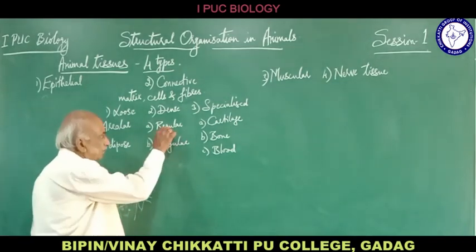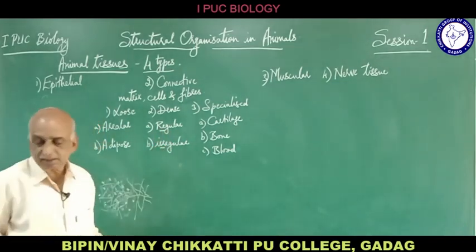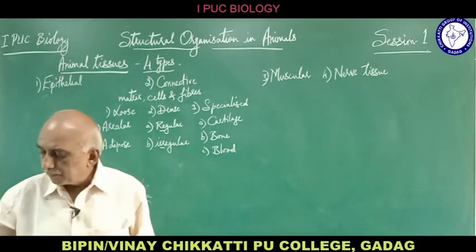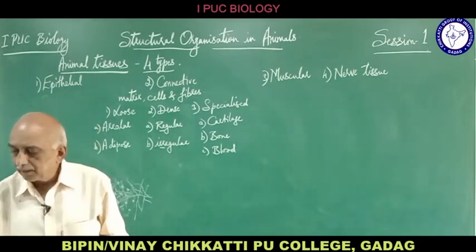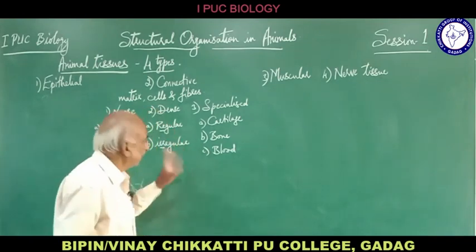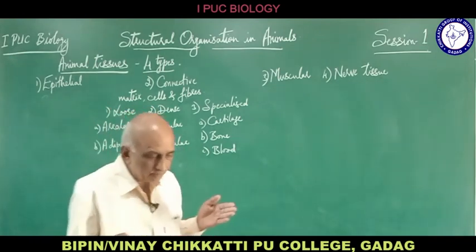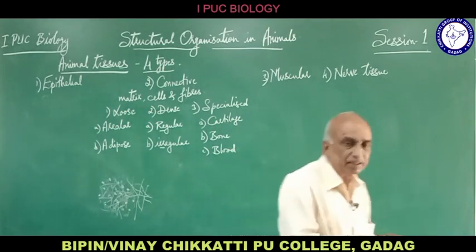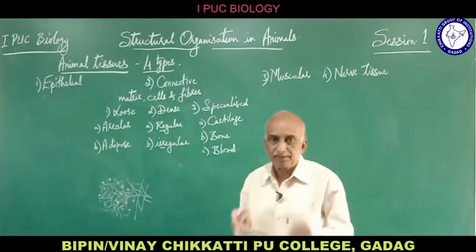Dense connective tissue, as the word itself suggests, means the fibers are densely arranged, regular and irregular. That means fibers are regularly arranged in the form of bundles.